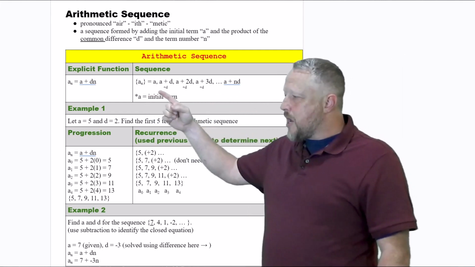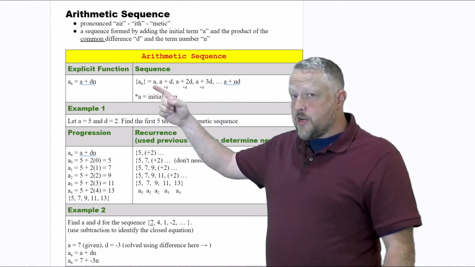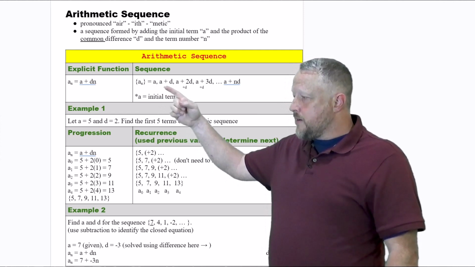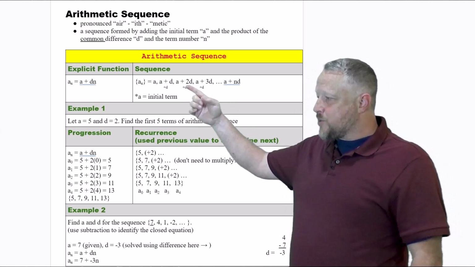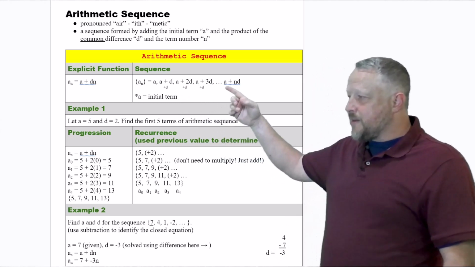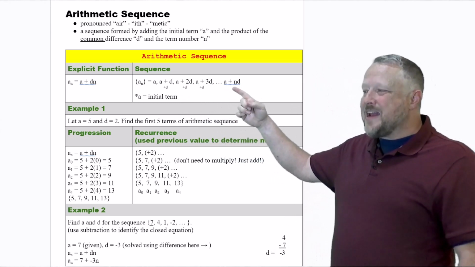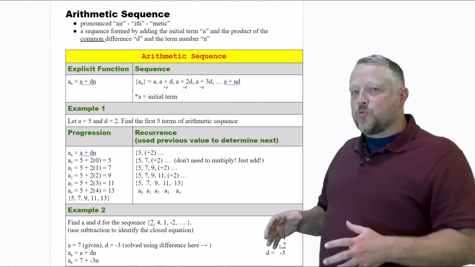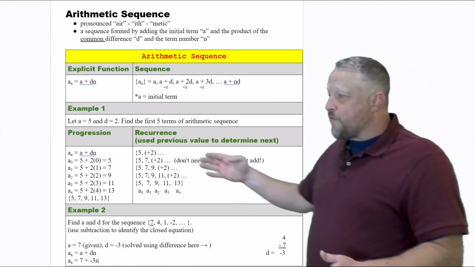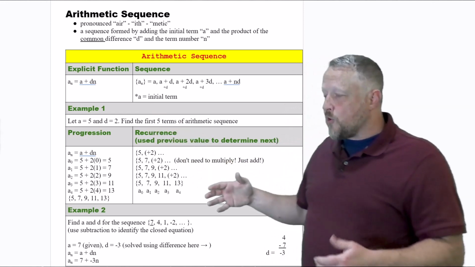But notice each time I'm adding a D, so other than the initialization, I'm adding one D. Now I'm adding 2 Ds. Each time I'm hopping here, I'm really adding a D. That's why we have 2D, then 3D, then 4D. So it's going to be the n times the number of Ds, and again, it's the same distance in between in order to get our sequence in that overall set.